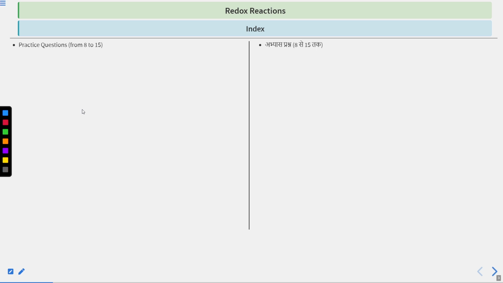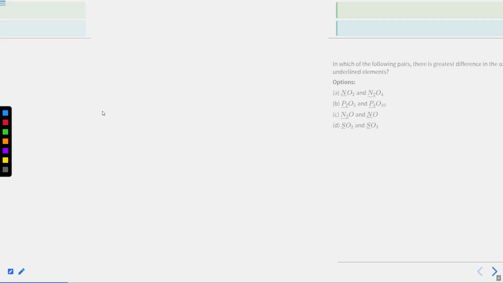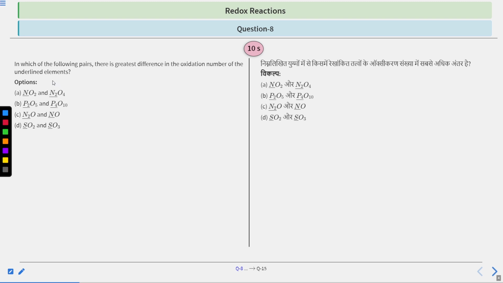This is the index slide. We are going to see some practice questions from question number 8 to question number 15. Let's start with question number 8. In which of the following pairs is there the greatest difference in oxidation number of the underlined elements?